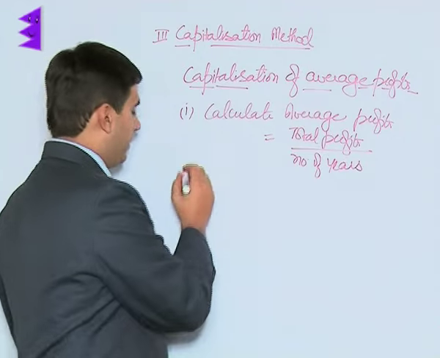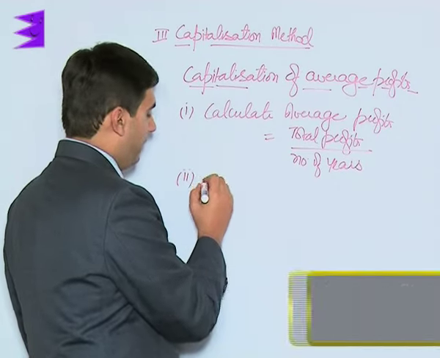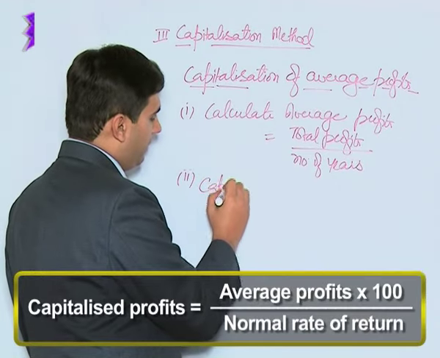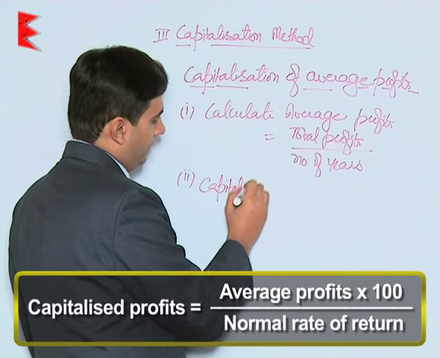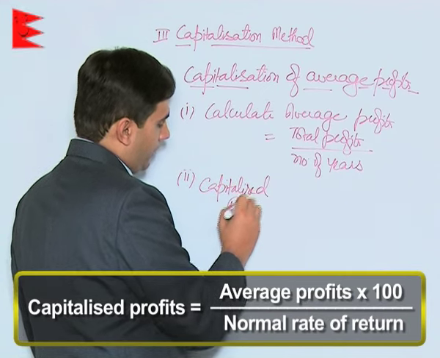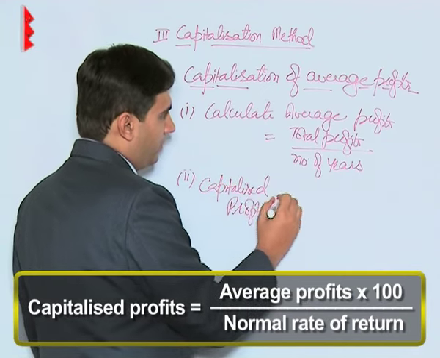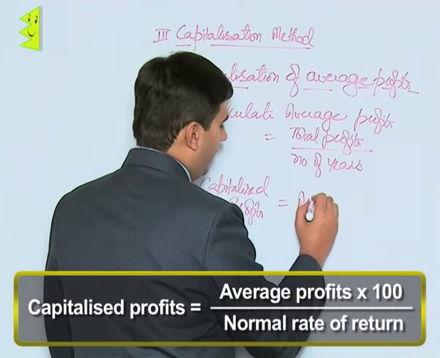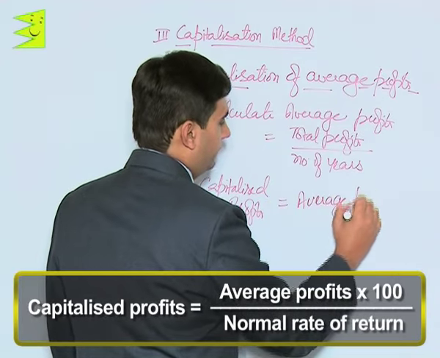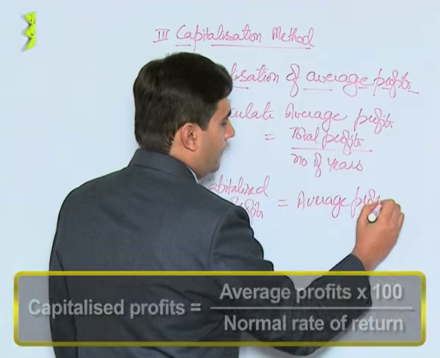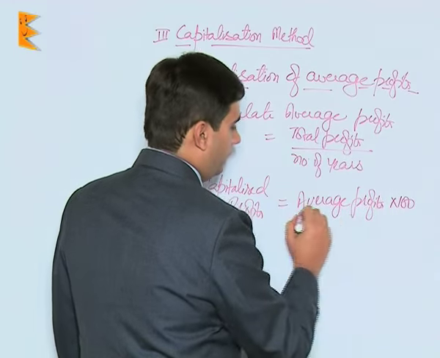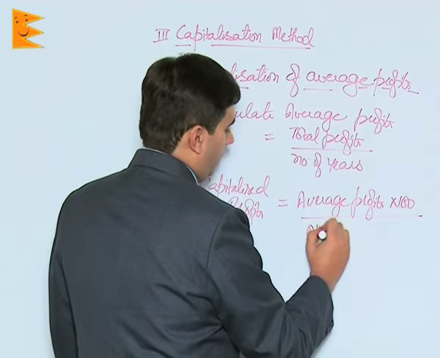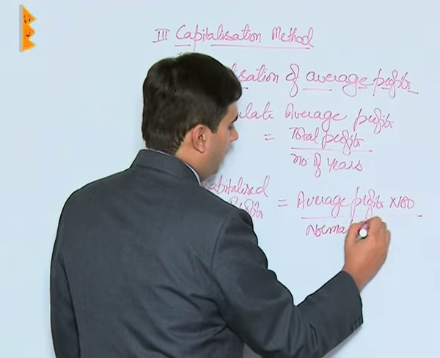Once we have calculated average profits, we will then calculate capitalized profits. Capitalized profits would be equal to average profits into 100 upon normal rate of return.